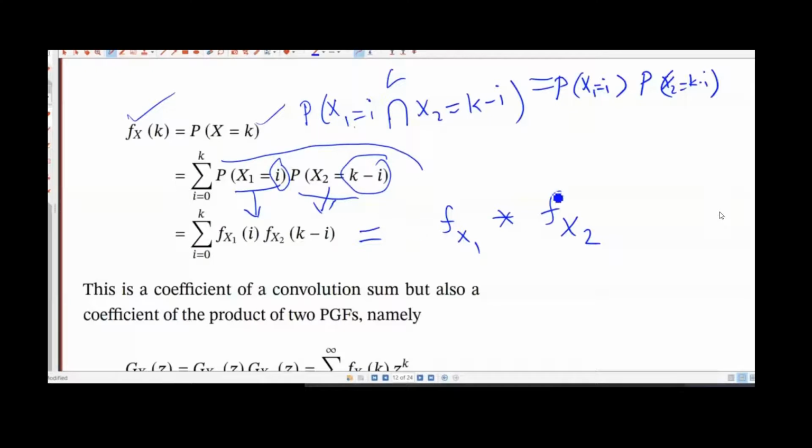Let me just write this down, what we achieved. What we achieved is that the PDF of a sum of two random variables will always be equal to the convolution of the individual PDFs, provided x1 and x2 are independent. ये independent आप याद नहीं रखेंगे तो गड़बड़ हो जाएगी.